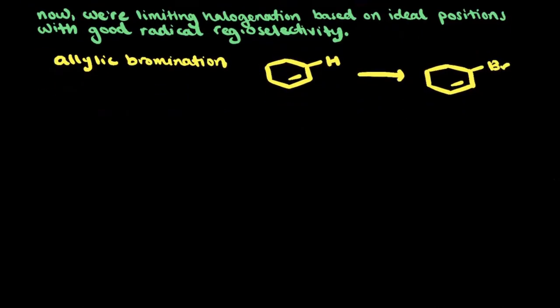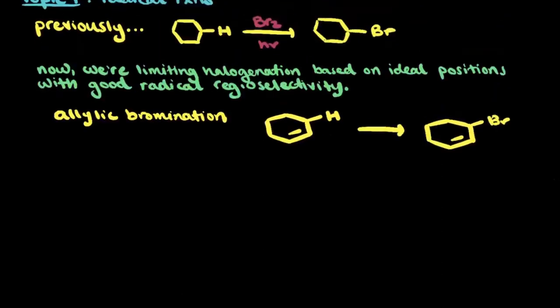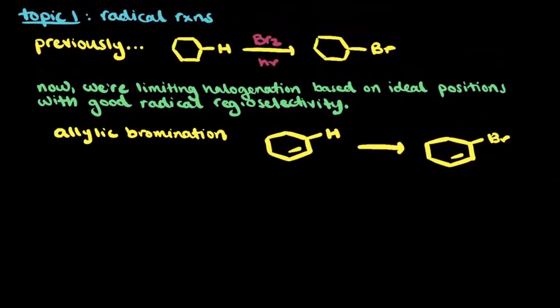Now, to do this, you need to be careful with the concentration of the reagents that you use. Notice that previously we used bromine. We can use pretty much unlimited concentration because wherever you brominate, it's going to be the same place. But here you want to limit the over-halogenation that is possible.